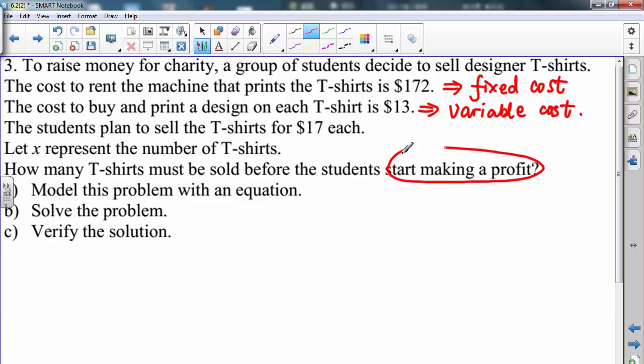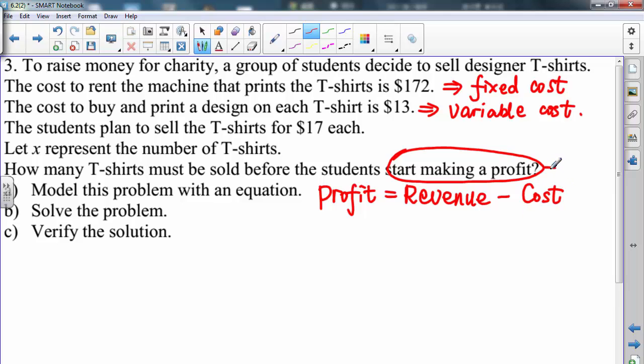What does that one mean? Before the students start making a profit. That means at this time, the profit is 0. What is the profit? The profit equals the income, or we can say revenue, minus the cost.